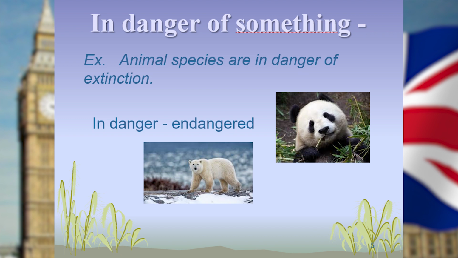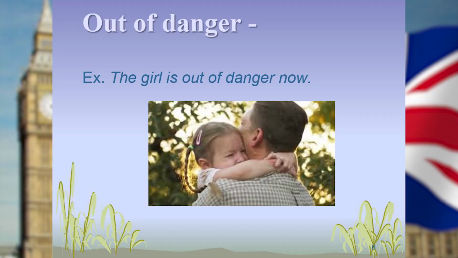So they are in danger. The next word combination is out of danger. It means that somebody or something has no danger now. Pay attention to this picture. The girl is out of danger. She is with her father, so she has no danger.